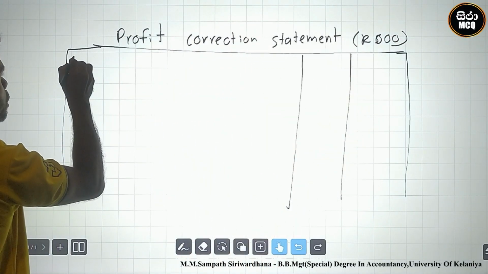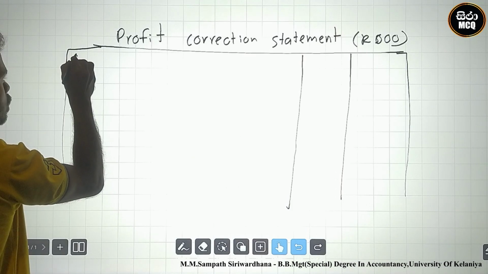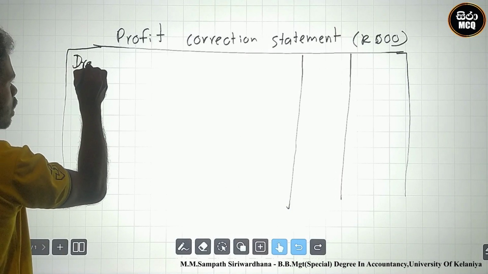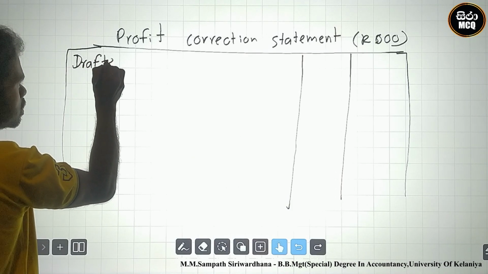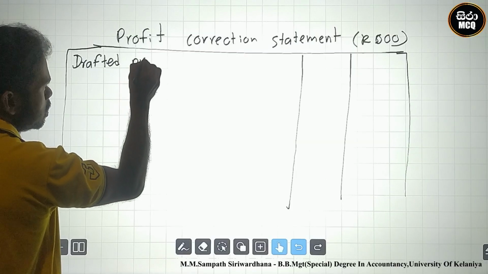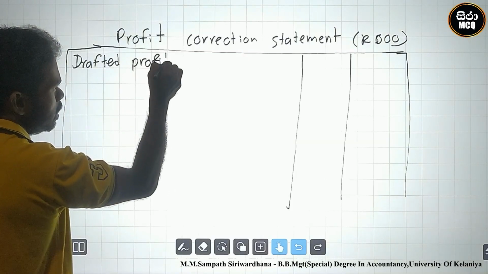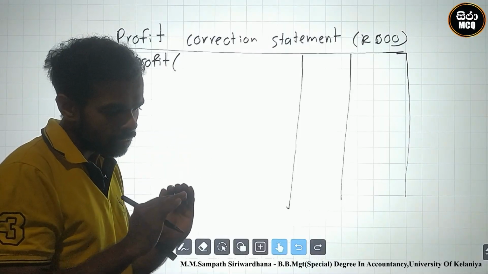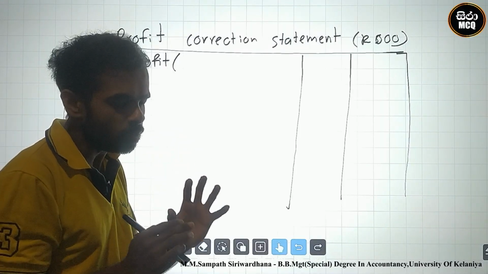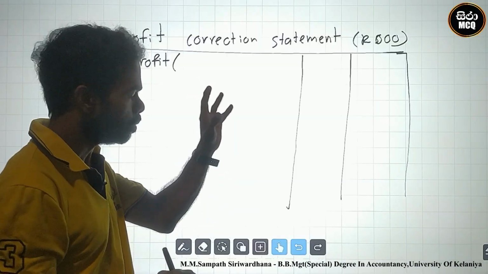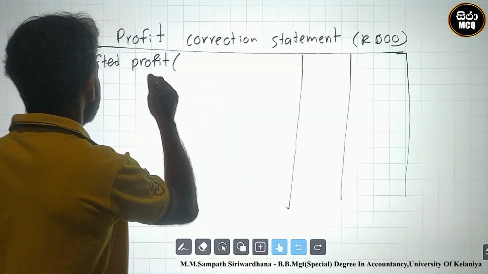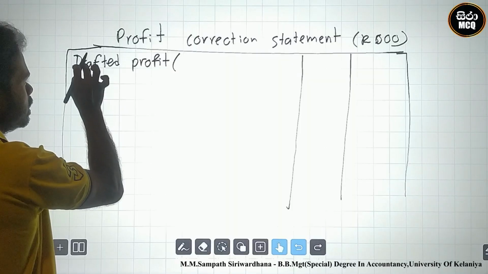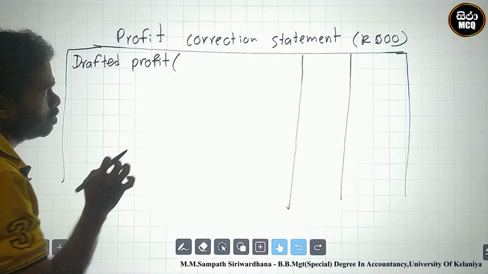This is the drafted profit. Drafted profit means there is a current profit calculated by the company. This is the not corrected profit. This is drafted, not correct profit.